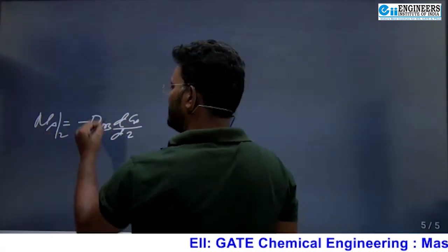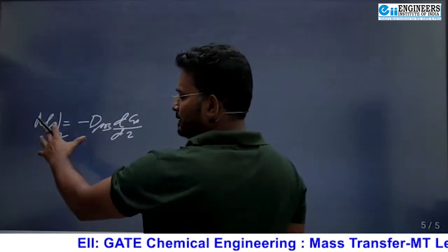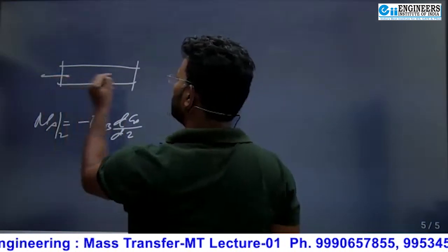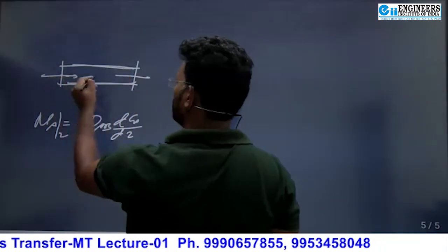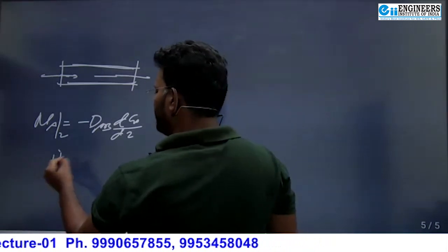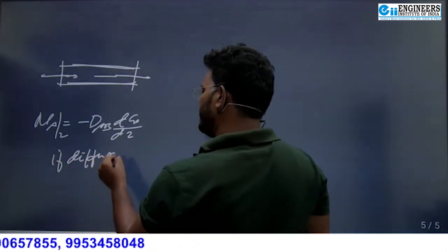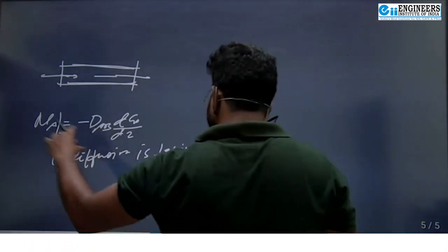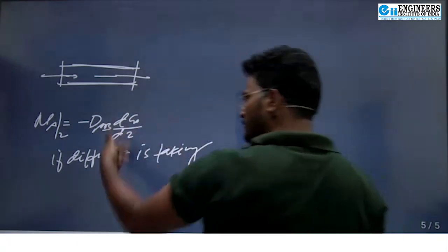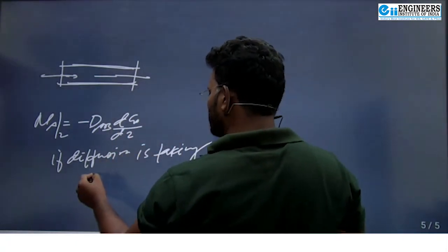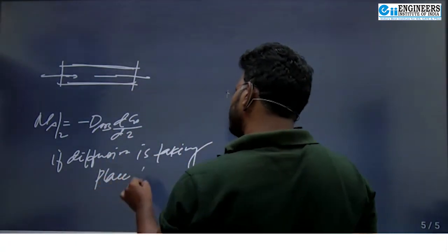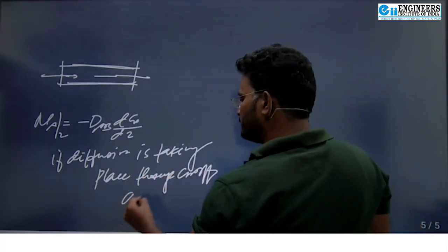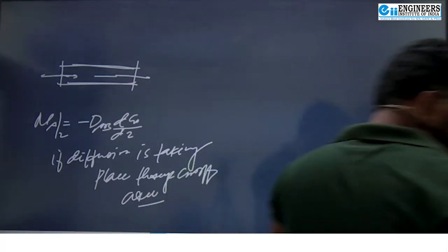NA at Z. Now, if diffusion is taking place through constant area, the area for the mass transfer is constant, yes or no? Just like in heat transfer, if the heat transfer area is constant, if diffusion is taking place through constant area, then what happens?